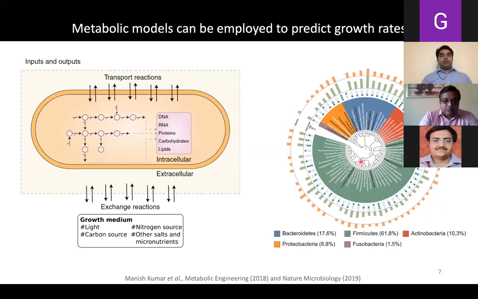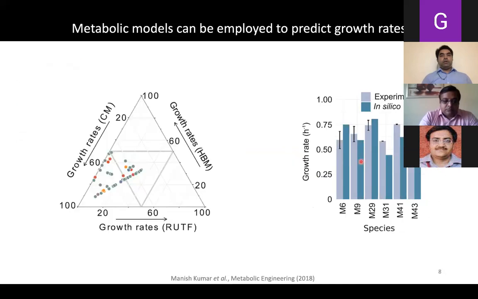So we use these 58 models to predict growth rates for these bacteria. For this, we use 3 different media to grow them, namely human breast milk, ready to use therapeutic food, and in silico rich media. In this triplot, you are seeing relative values of growth rates on all 3 media.